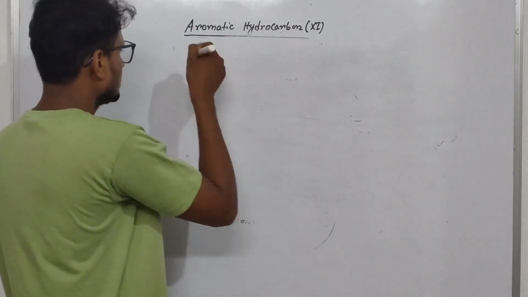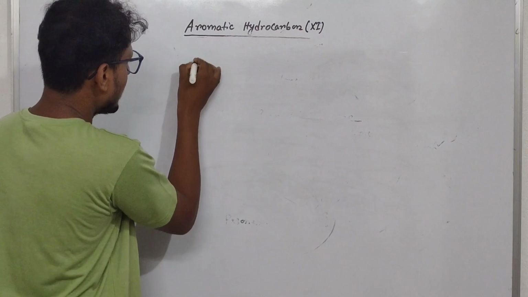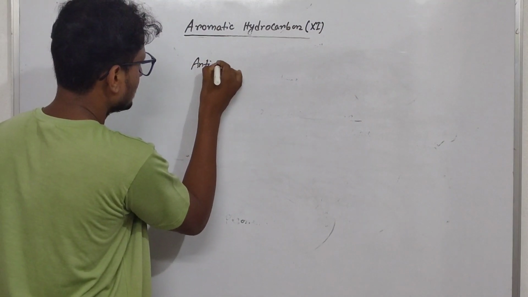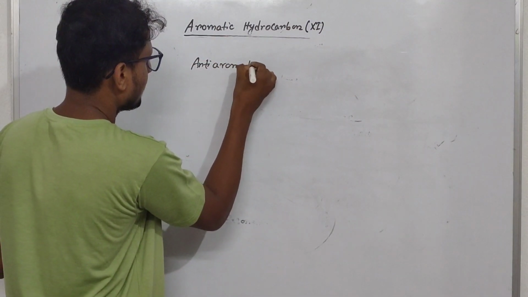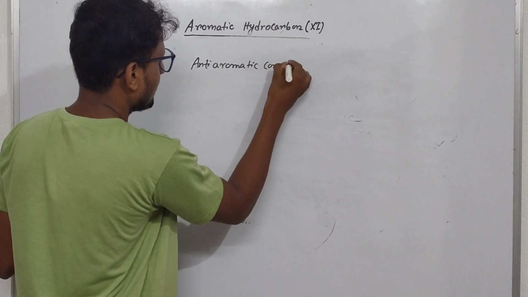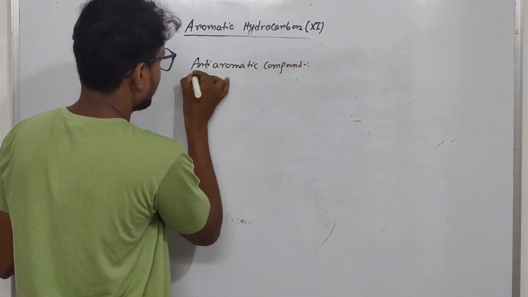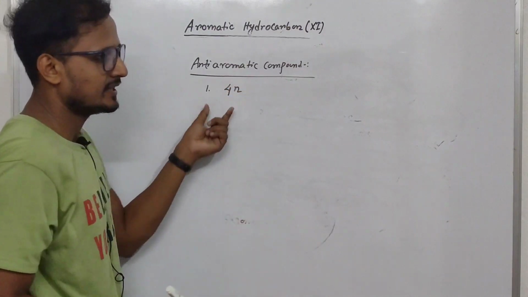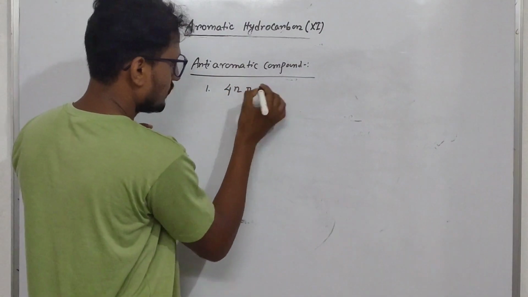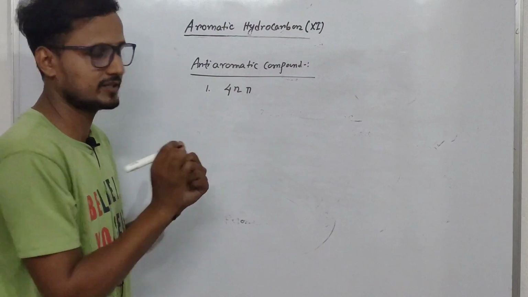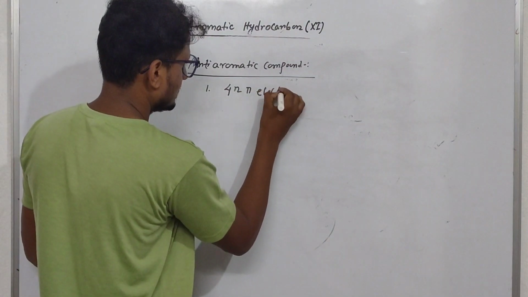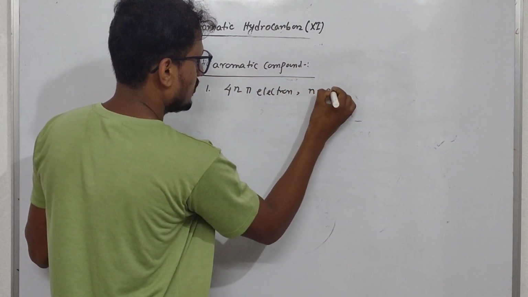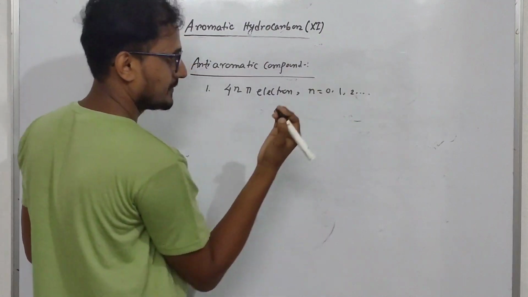So I am telling about anti-aromatic compounds. The first rule is that they should have only 4n pi electrons, where n is 0, 1, 2, 3, etc.